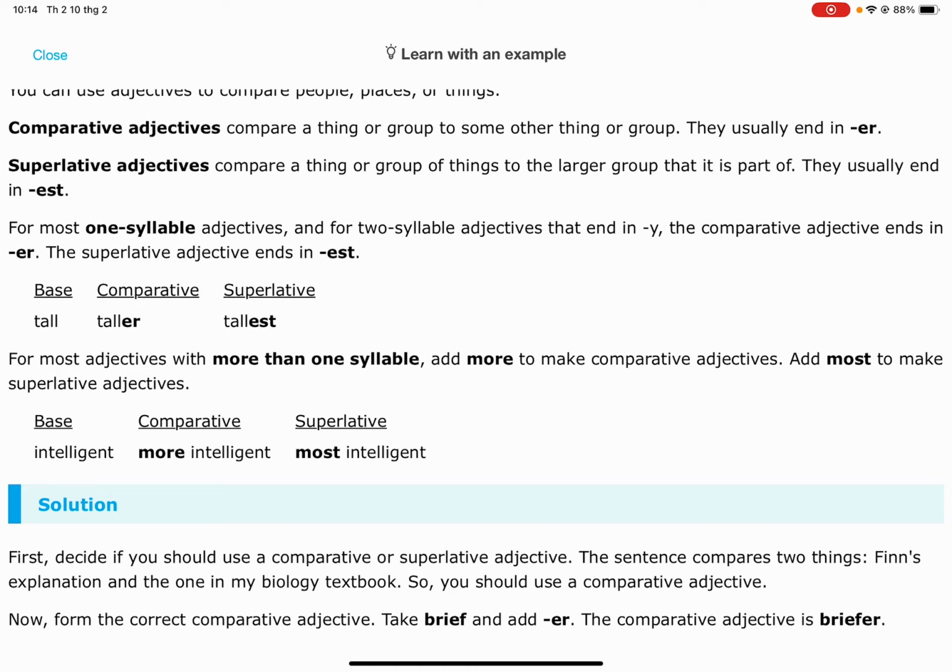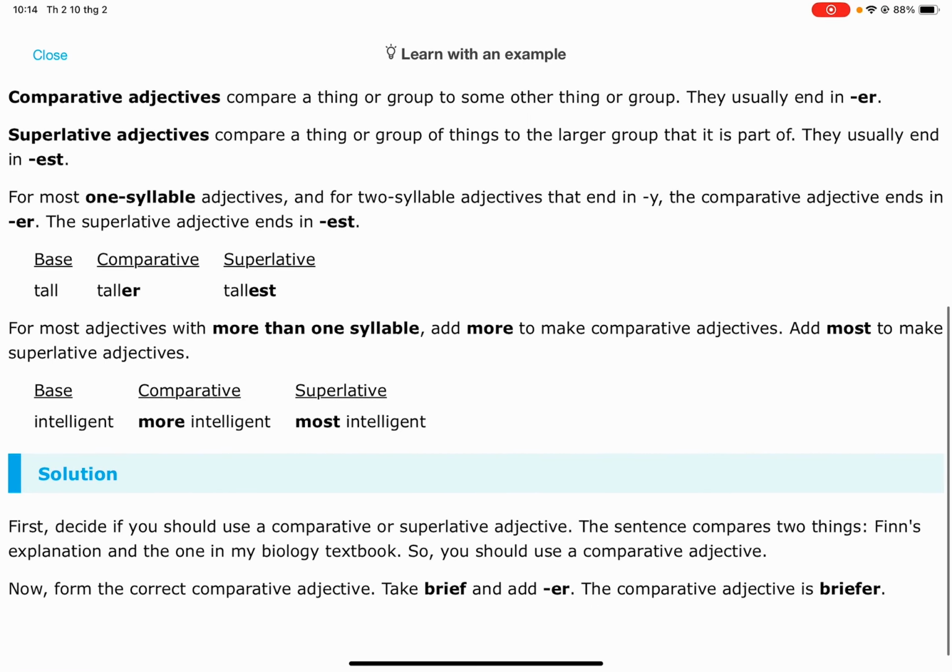So it also has one syllable and two syllable adjective. Not like adverb, only one syllable can end in er, while the other just adds more to it. Oh yeah, and the superlative adjective ends in est, they also have one syllable and two syllable thing.